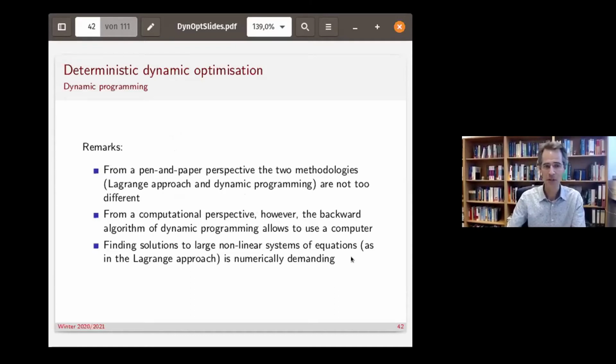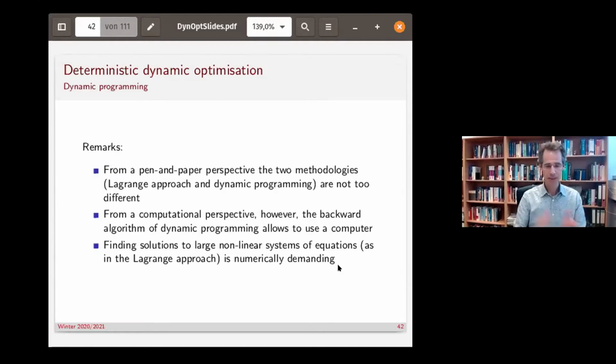But from a computational perspective, this backward algorithm for the dynamic programming approach is more elegant, or it actually makes the computational approach feasible. On the other hand, solving a potentially very large system of nonlinear equations, which we would have to do in the Lagrange approach, is much more demanding.